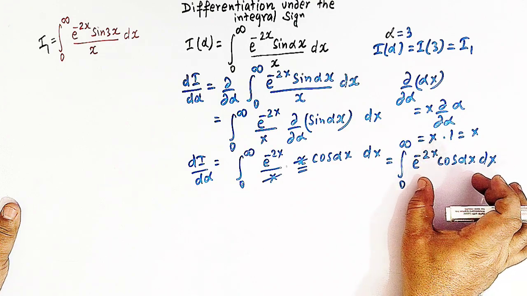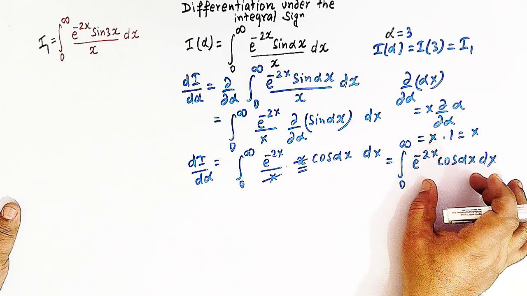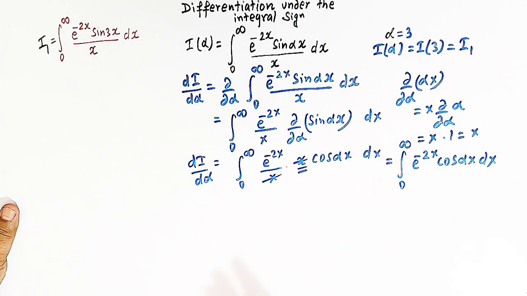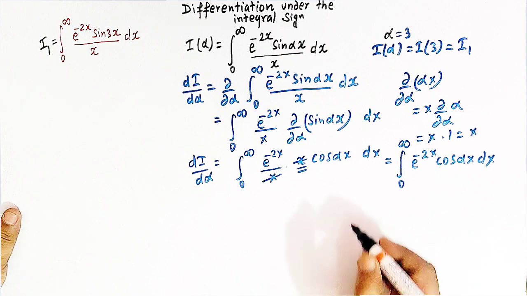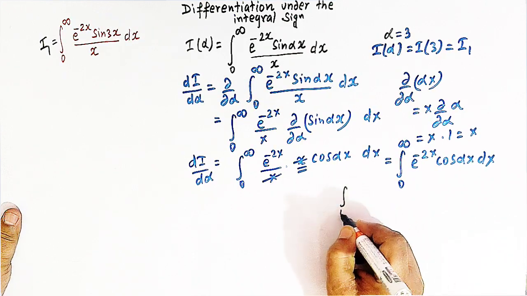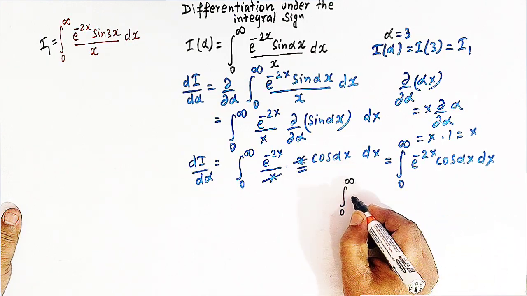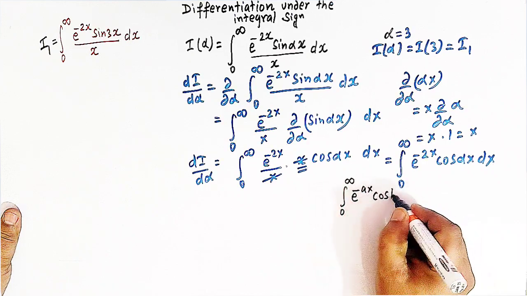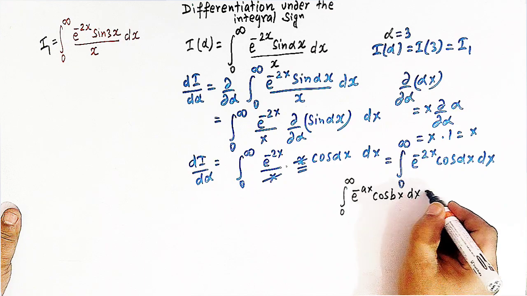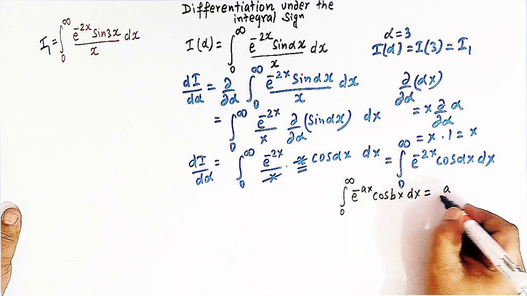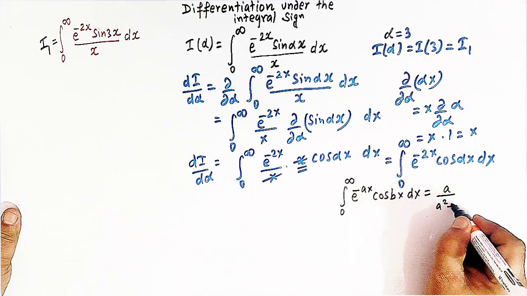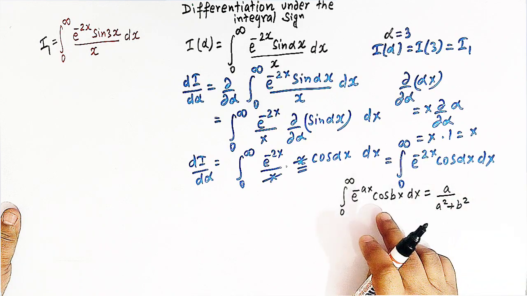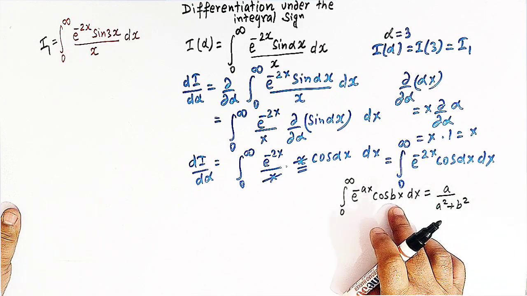Now we can simply obtain the value of this integral by using a standard result. So now we know that the value of the integral from 0 to infinity e raised to minus ax cos bx dx is given by a over a square plus b square, right? So here we are using this direct result.